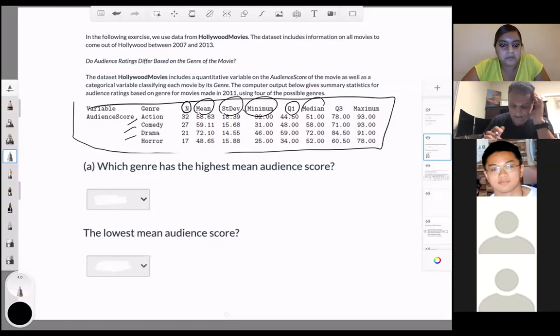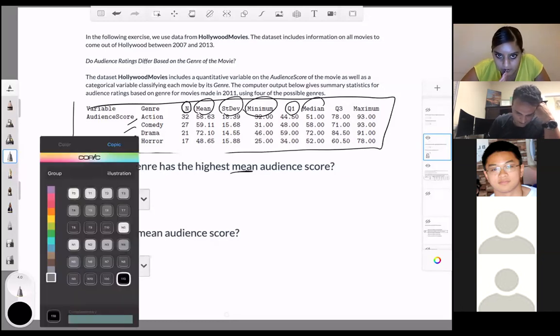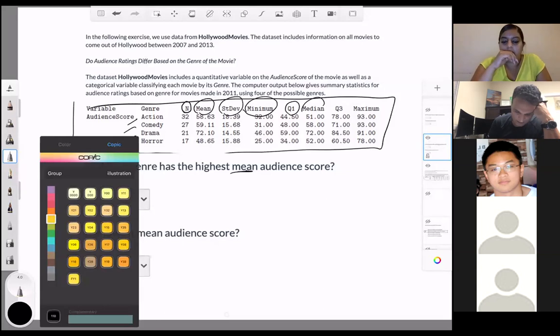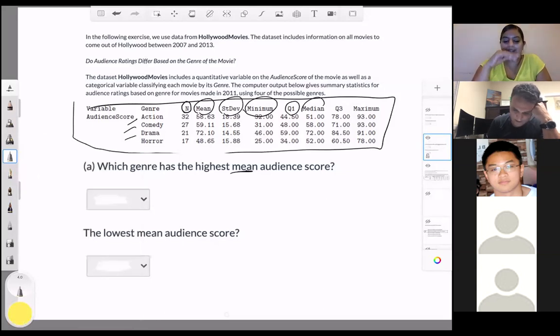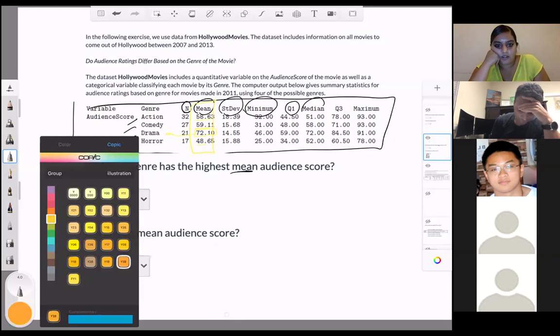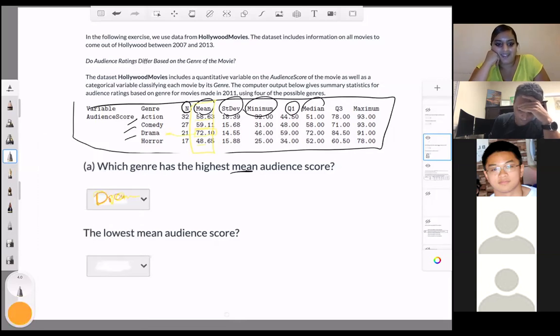Drama. So we are talking about the mean. Change the color to yellow because the person who answered has a yellow shirt. So the mean is here, and this is the highest mean. 58, 59, 72, 40. 72 is the highest one, and it's drama. It's hard to see. So drama is the answer.